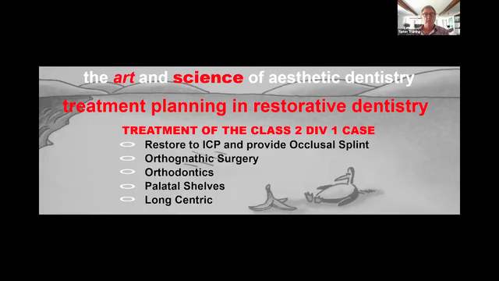That means that probably when we move from side to side, forwards and backwards, we'll have posterior interferences. So the way in which we can get around that in a case like this is to give somebody an occlusal splint. So at night time, when they are bruxing, clenching and grinding, remember with 5 to 10 times the amount of force, then they're bruxing, clenching and grinding on the occlusal splint.